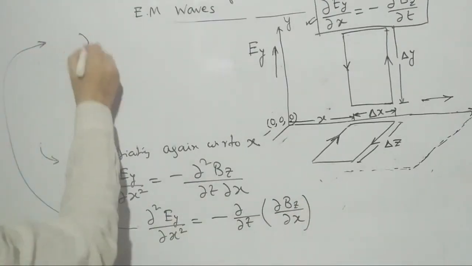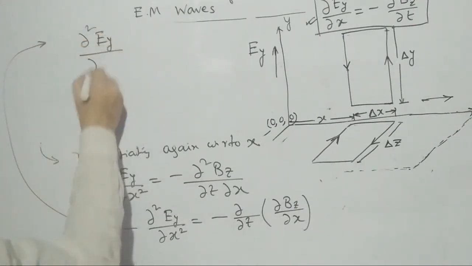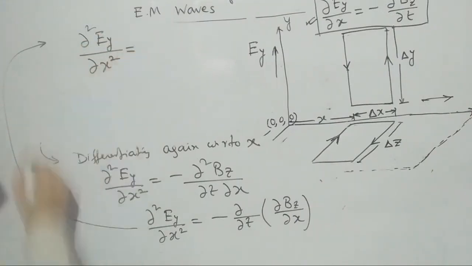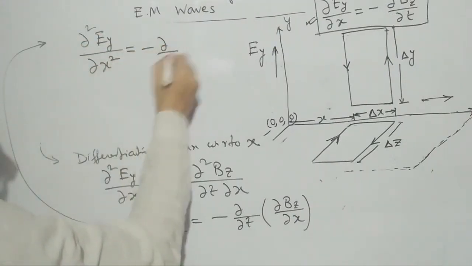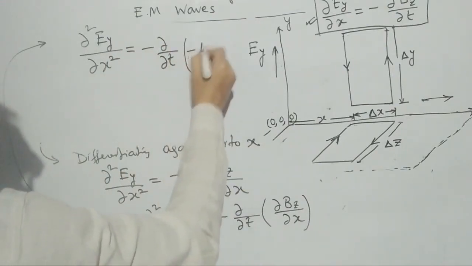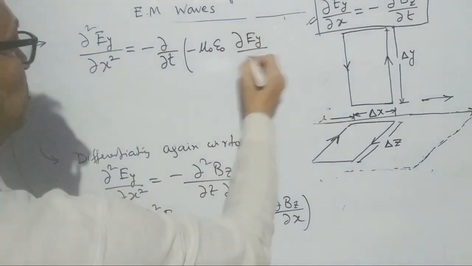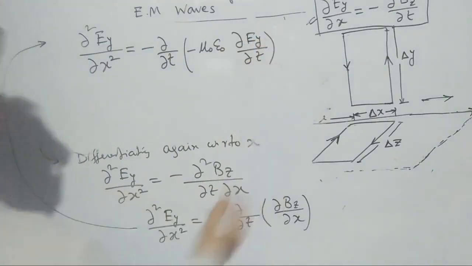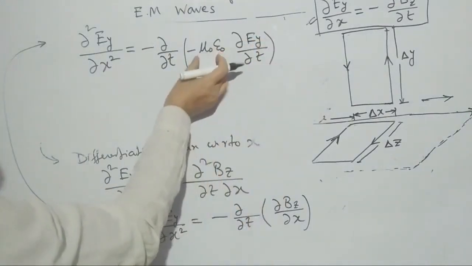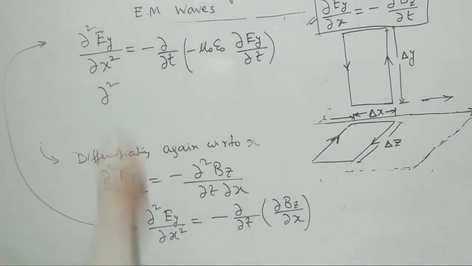So from here, minus del by del t into minus mu naught epsilon naught del Ey by del t. Now this minus mu naught epsilon naught will come outside. This is minus, so this will be plus. One minute.